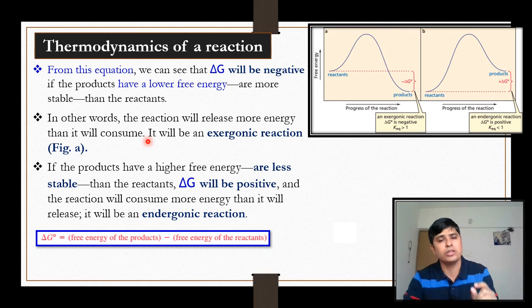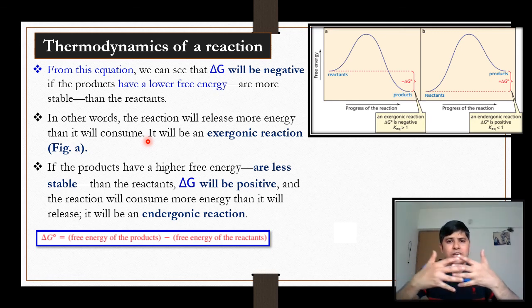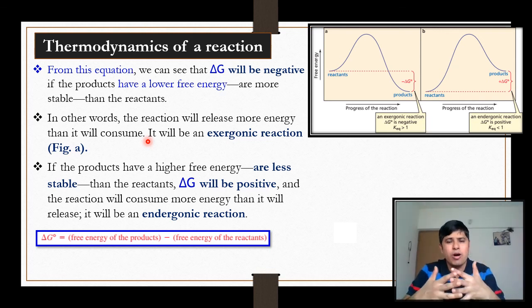In other words, the reaction will release more energy than it will consume. At the time of progress of reaction, two or more reactants react with each other, and there is consumption of energy. When the product forms, there is a release of more energy than the energy consumed by the reactants.